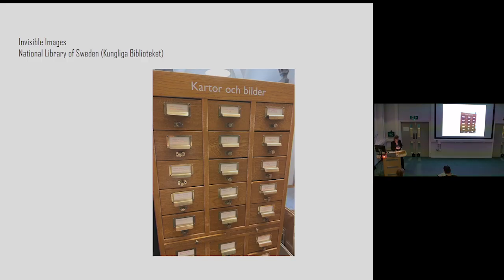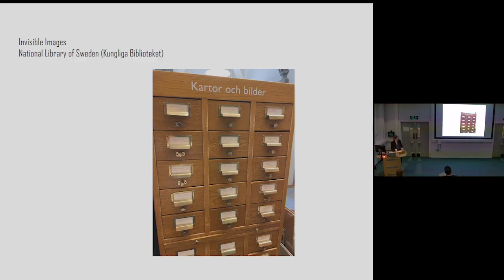So in this case, I've studied how pictures were made retrievable and described across different information infrastructures in the National Library. So both the analog and the digital information infrastructures. The National Library holds a large collection of all types of printed material, of course. They also have many types of single pictures in the collections, photographs, drawings, prints.